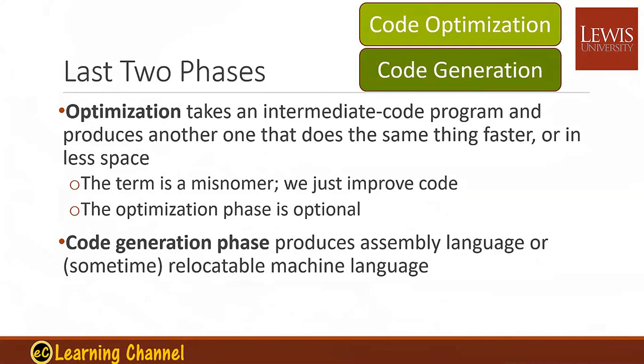It is platform independent because the virtual machine will pick up the jar file or class file to run it. So at that point, they don't need the last two phases, because the optimization is done in the virtual machine, the Java virtual machine.